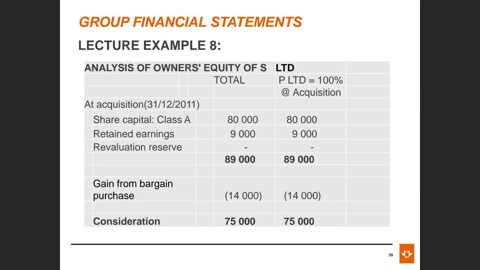Because the consideration we are paying is 75,000 Rand, this is less than the net assets of S Limited. Because we are paying 75,000 Rand for net assets of 89,000 Rand, the difference needs to be recorded as a gain from bargain purchase.